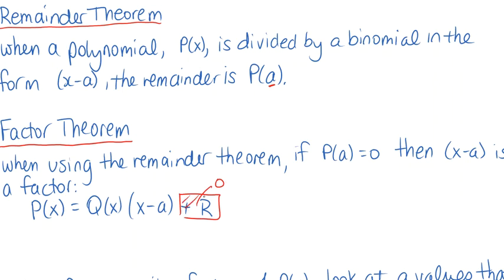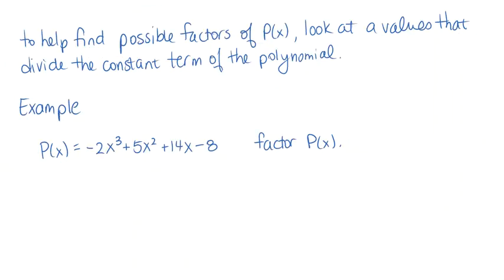So the polynomial is equal to a quotient times a binomial, which is a factored format. If our remainder is 0, then x minus a becomes a factor because we can write it just as a multiplication of the quotient times that binomial.